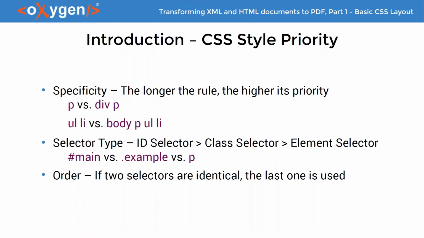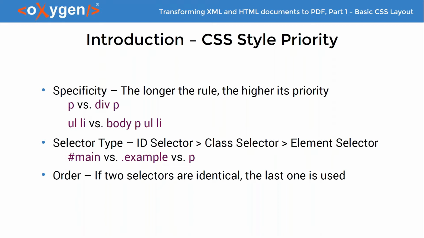Next, the selector type is also really important, if you are using IDs in your XML elements, or if you are using class selectors. The class selectors also include all the pseudo-classes and the attribute selectors. For example, if you use the first-child CSS selector, or for links, a selector containing the href attribute.